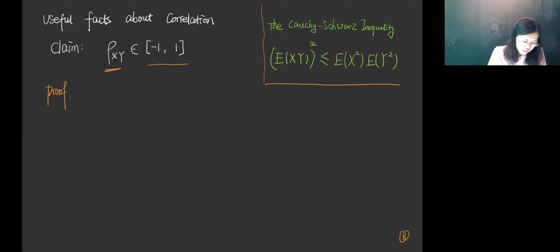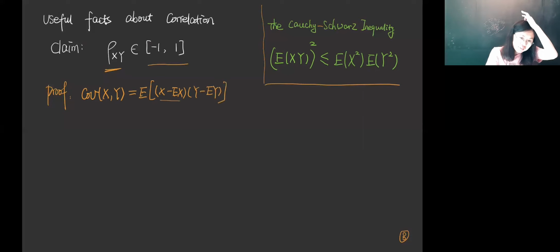To do so, we just need to recall that the covariance of X and Y, which is the numerator for the correlation, equals the expected value of a product of two random variables. The two random variables are the deviation of X from its mean and the deviation of Y from its mean.